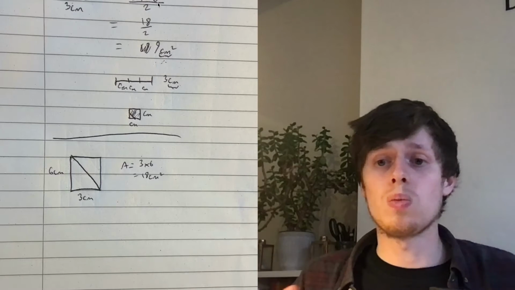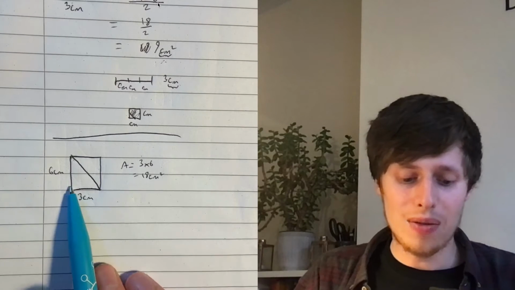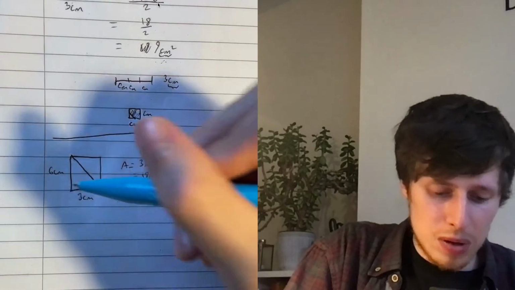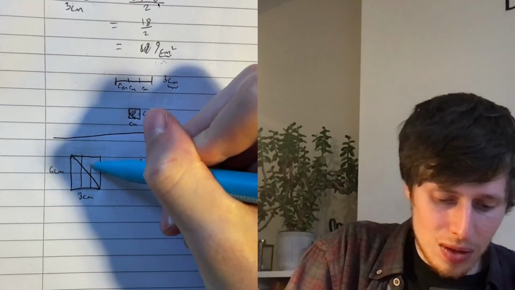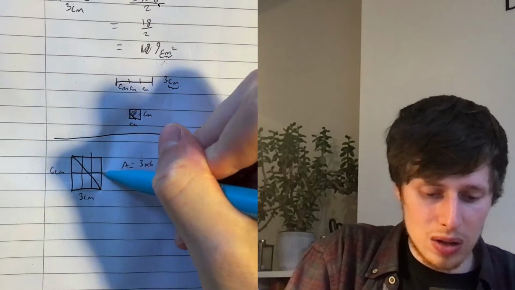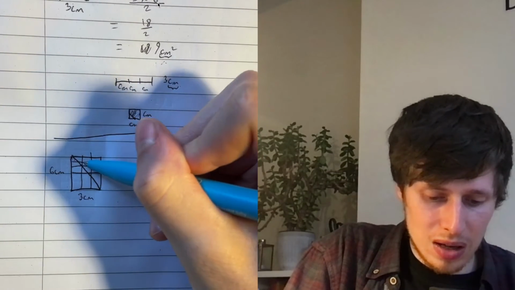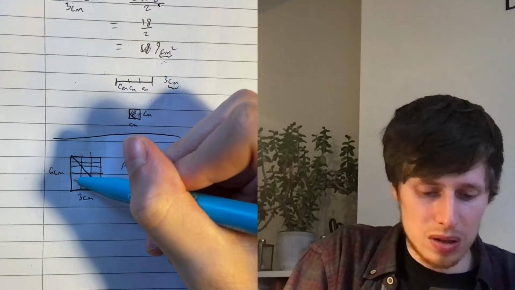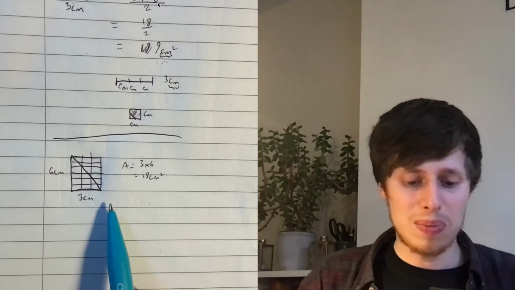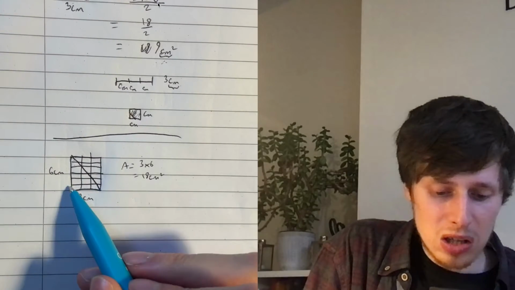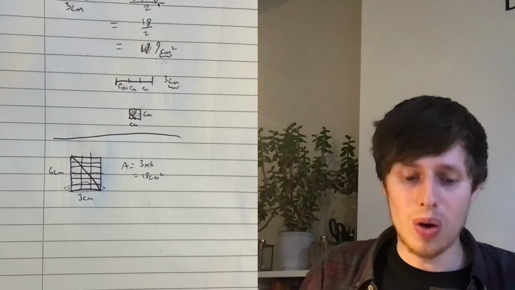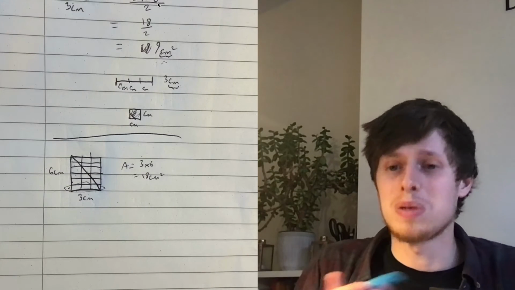Now, the reason why it works to find the area of a rectangle this way, by multiplying the base times the height, is because if you imagine dividing the length into centimeter strips, and also the height into the 6 centimeters that it is composed of, we are dividing our shape into 6 lots of 3 centimeter squares.